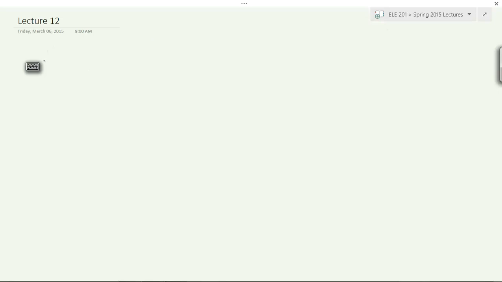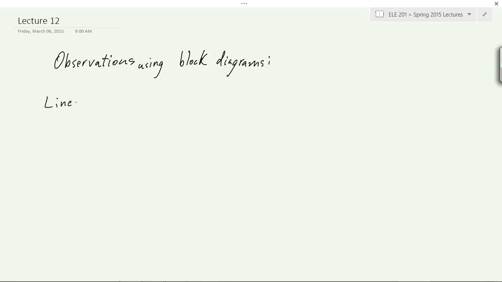So here we go. First of all, linearity can be considered that the system, if it's linear, commutes with two operations.